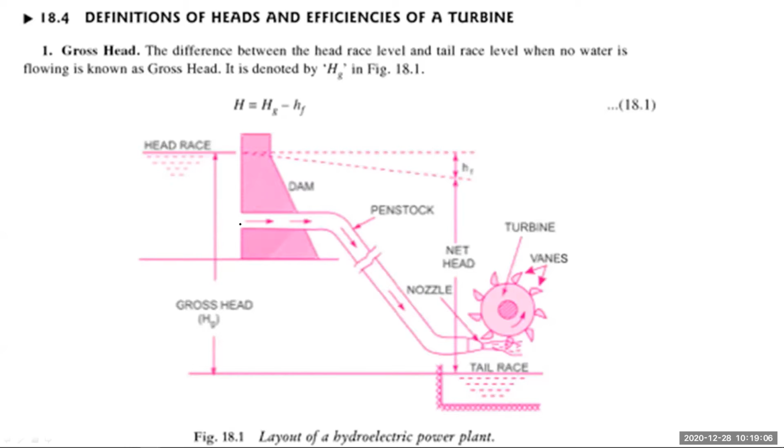You can see here clearly that a dam is constructed. A dam is nothing but an obstruction created to store some water. This is your water. You all have seen and visited some dams. The topmost location is called the head race.